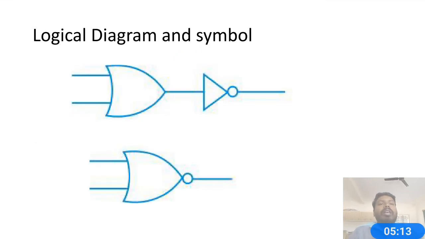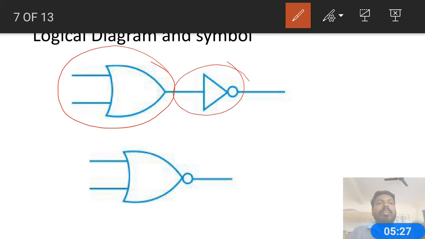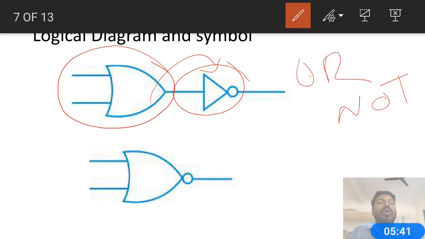We will see the logical symbol. Dear students, we know that this is our OR logical diagram, and this is our NOT logical diagram. So according to the definition, an OR gate is always followed by a NOT gate.